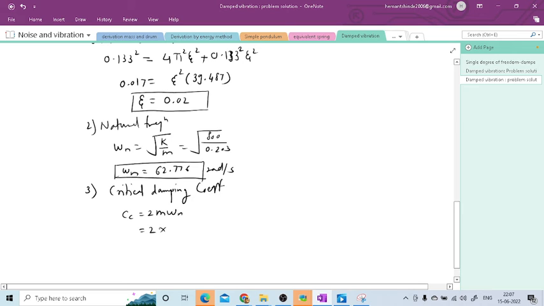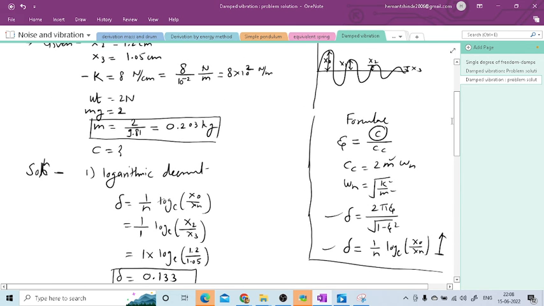So 2 into the value of m is 0.203, into omega n is 62.776. If we solve this, then we will get the critical damping coefficient, and this critical damping coefficient is 25.487 Newton second per meter.